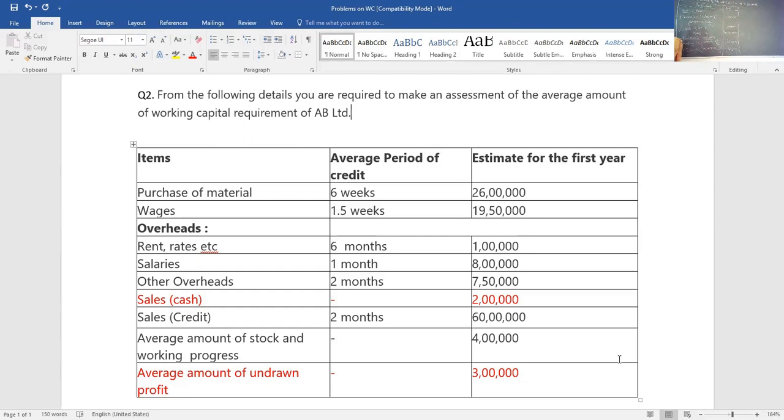Which is the next liability? Noel, can you just give a try? Ma'am, it's the rent. Yes. What is it called? Outstanding rent and rates. Okay, tell me the amount.